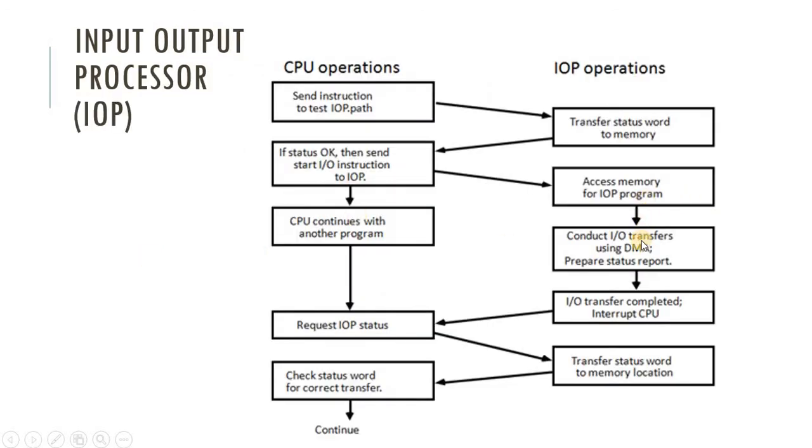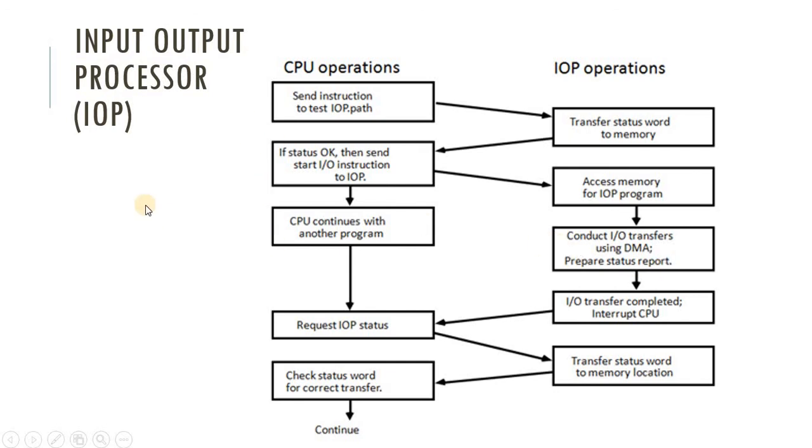After getting access to the memory, the IO processor conducts the IO transfers using DMA, which is direct memory access, and prepares the status report.